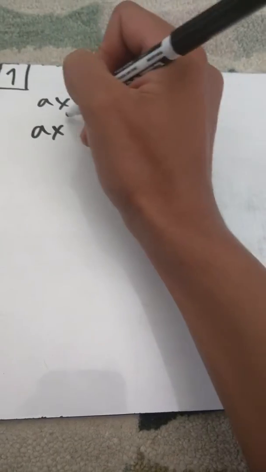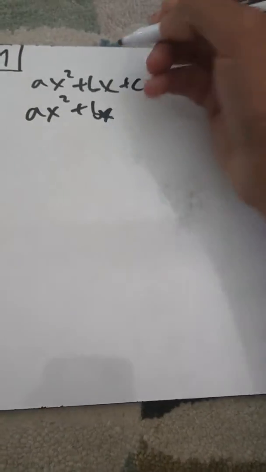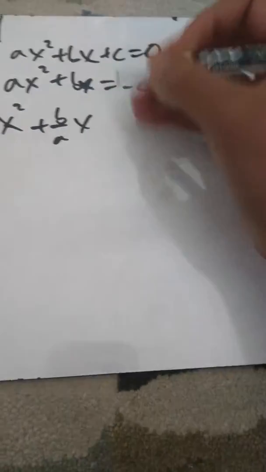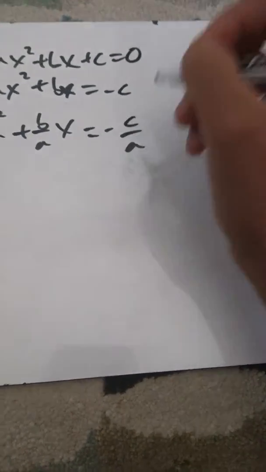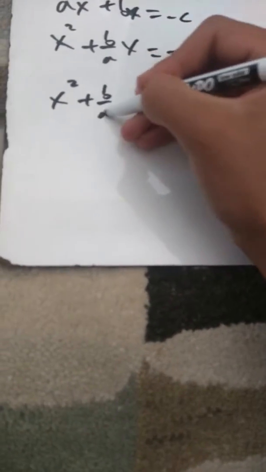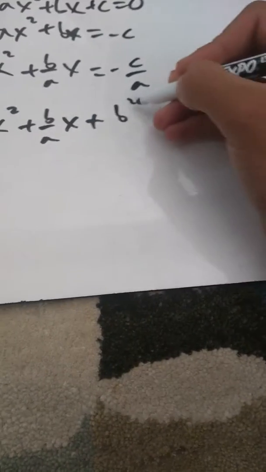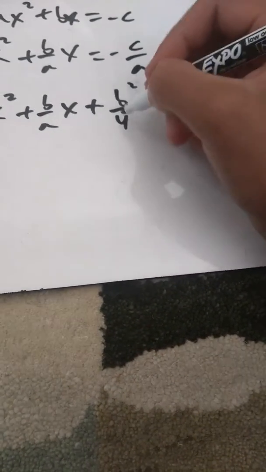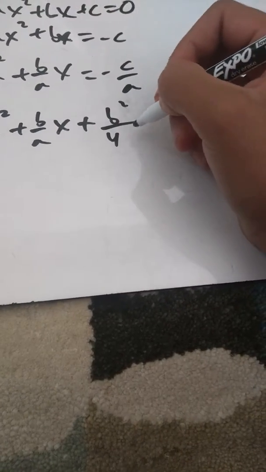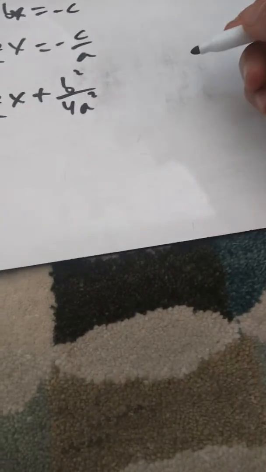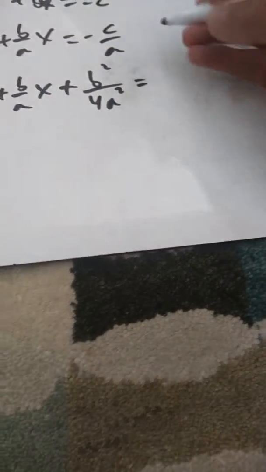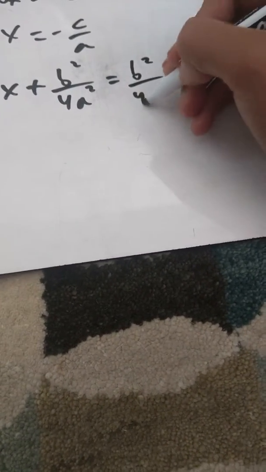So first, you subtract c from both sides, so we get ax squared plus bx equals negative c, and then we divide by a, so x squared plus b over a x equals negative c over a, and then we add to both sides plus b squared over 4a squared, equals b squared over 4a squared minus c over a.